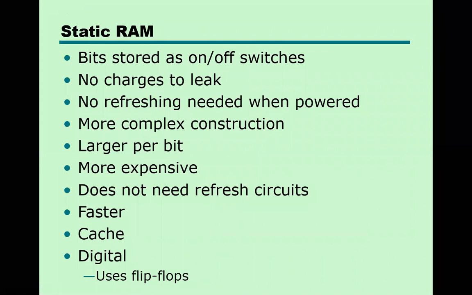Even though they also use a transistor and capacitor, the logic is different. A bit is stored as an on-off switch, so either it is one or zero. You can identify it by the switch status, and based on that you can identify whether the bit is 1 or 0.